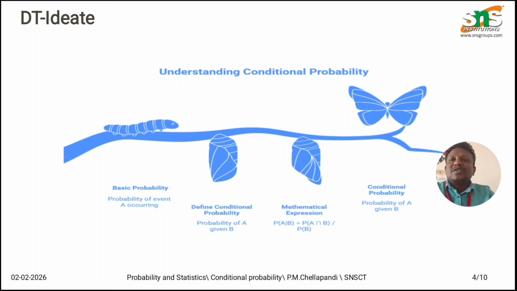The first one is the formula for conditional probability, that is P(A|B) = P(A ∩ B) / P(B). Here P(A|B) represents the probability of A given B. P(A ∩ B) means the probability of A and B happening. P(B) means the probability of B. These are all the important terms that we use in probability, right?